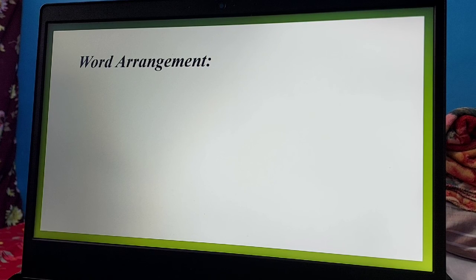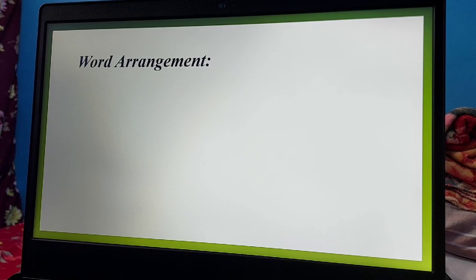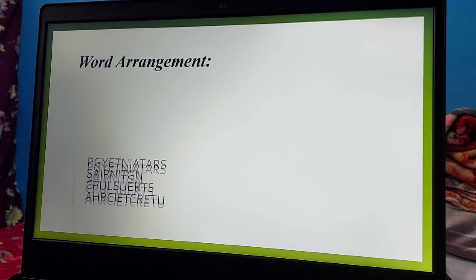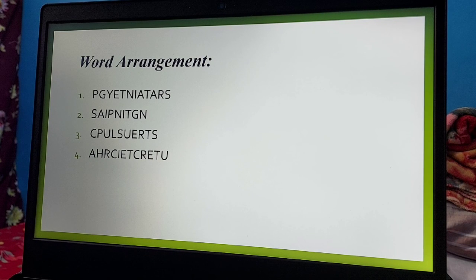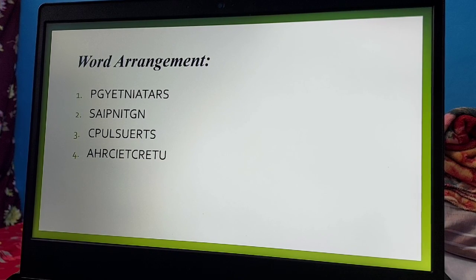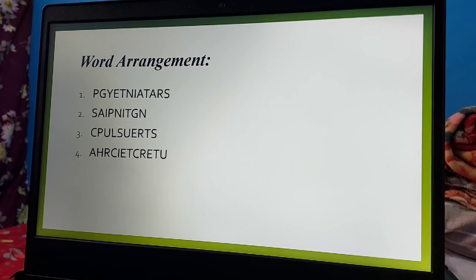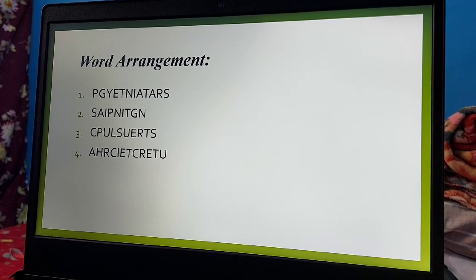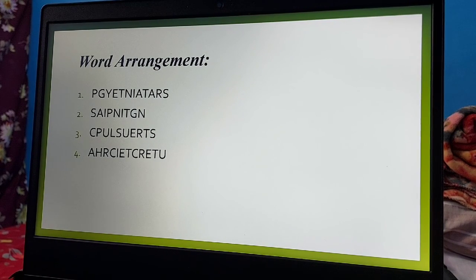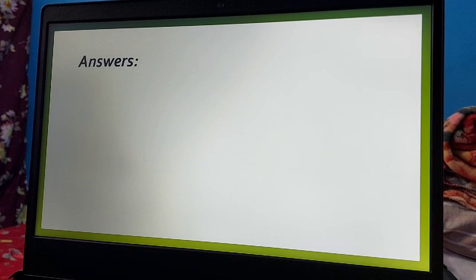So, we have a pre-activity which is word arrangement. I will give you 5 minutes to arrange the jumbled words, and timer starts now. Okay, time is up, and now let's see if your answers are correct.